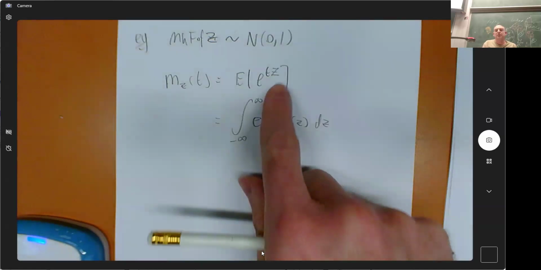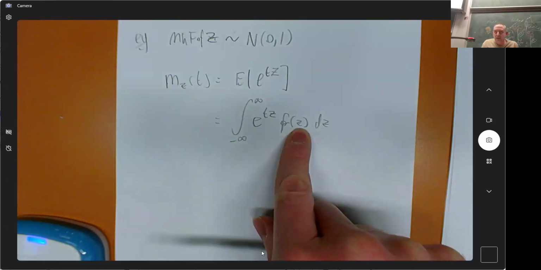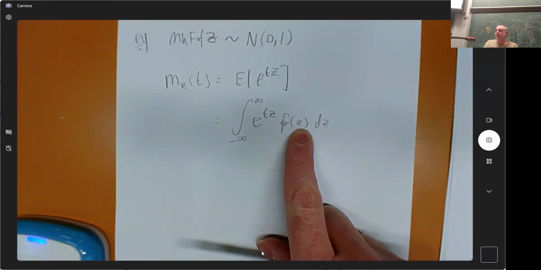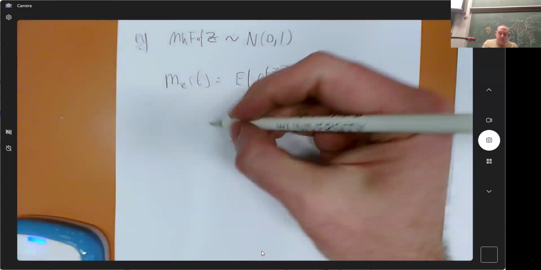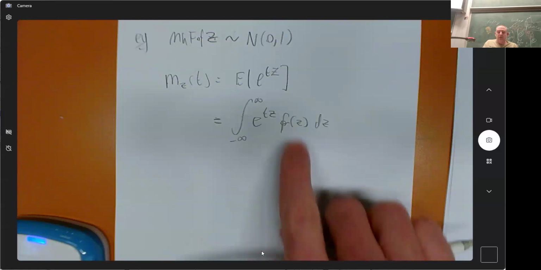So you take the function that's written in this spot and you multiply it by the matching density and you integrate them. Is that okay? Which requires me to know what this is.